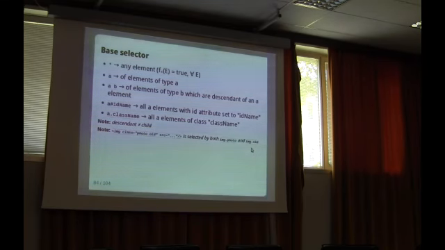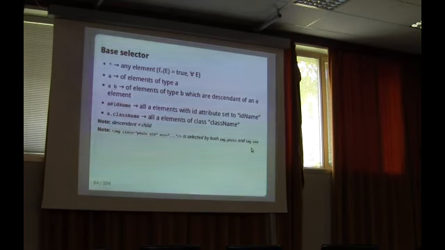Okay, let's see the base selectors. The base selectors include these possibilities. The first one is the asterisk, the wildcard character, that corresponds to a function that always returns true. That is, if you write this selector, you are saying that what follows in the rule applies to each element of any DOM tree.